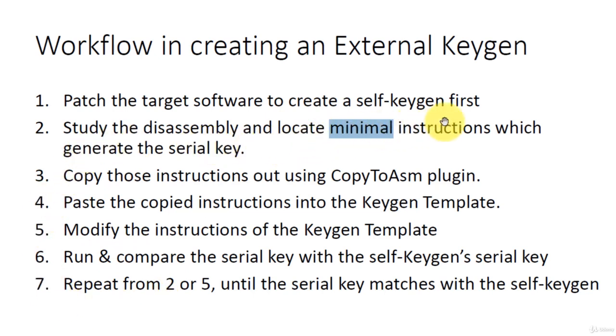Maybe you've copied the wrong part of the code, and so you have to go back to step 2 and analyze again and copy out different parts. Or sometimes you need to go back to step 5. Maybe the modification that you did was not optimal, or maybe even wrong. So you might need to repeat these steps many times until your external keygen produces a serial key that matches the self-keygen's serial key. Once you've done that, it means you've successfully created an external keygen.